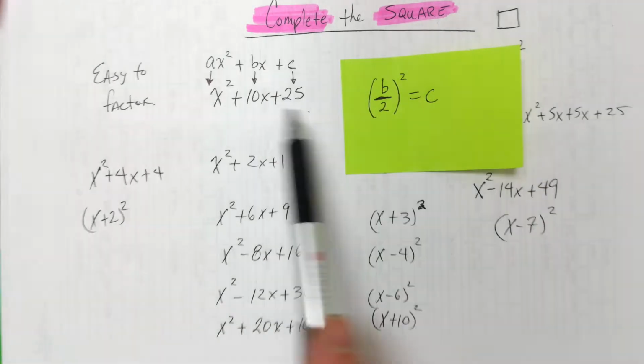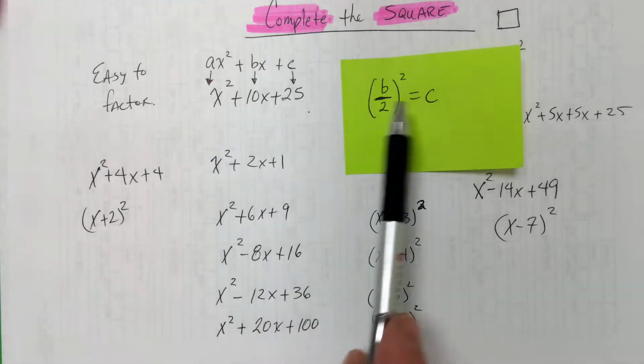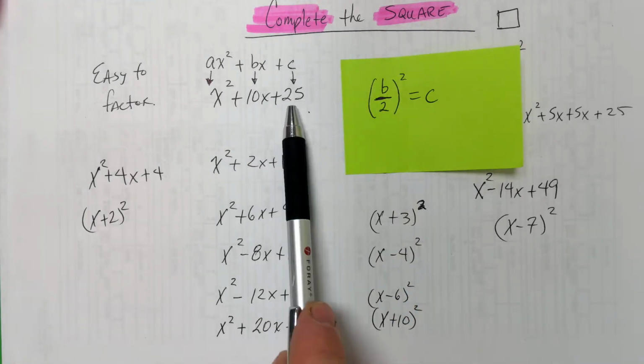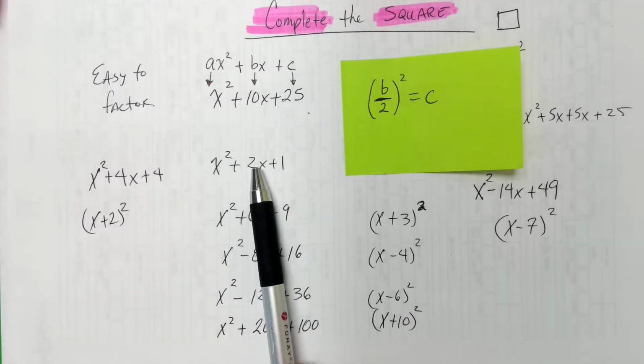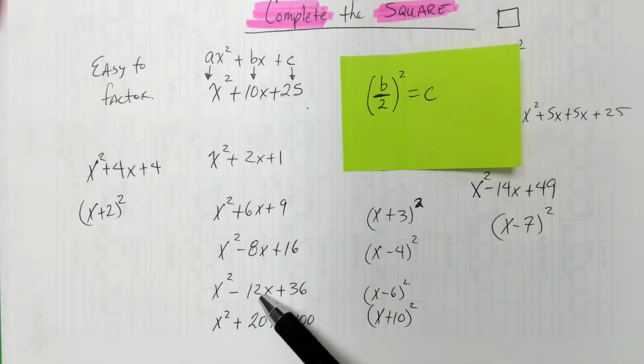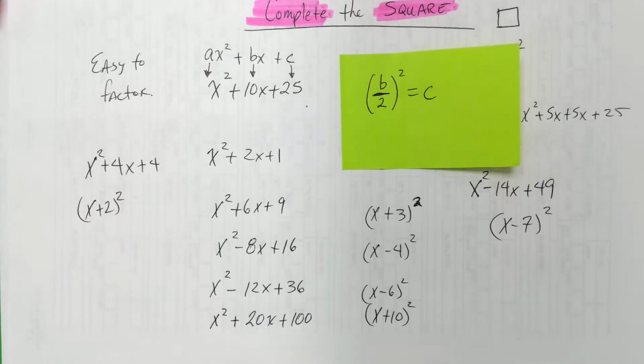So b is the middle number, the coefficient of x. So half of 10 is 5, and 5 squared is 25. Half of 2 is 1, and 1 squared is 1. Half of negative 12 is negative 6, and negative 6 squared is 36. That's the pattern. Do you see what I mean? Because that's compensating for the 2.